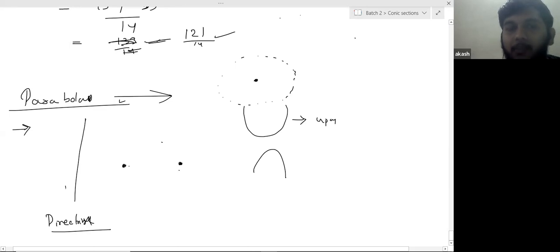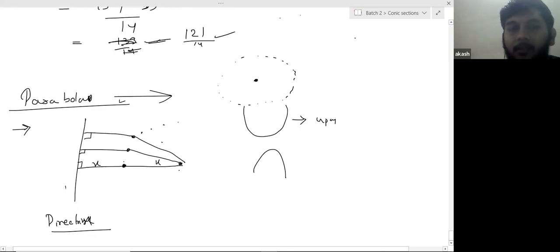See, if this is x, then this has to be x also. If I move a bit upwards, this and this should be equal.